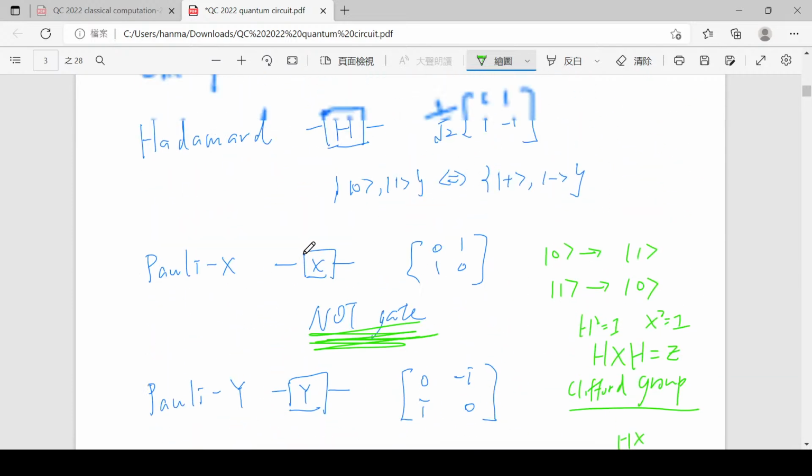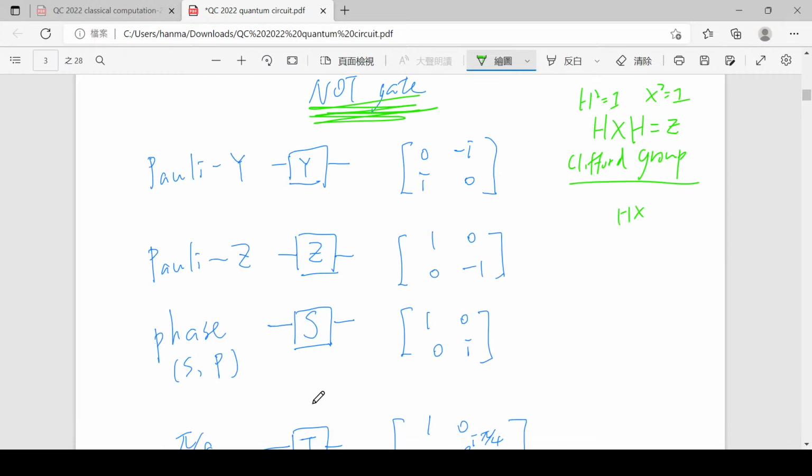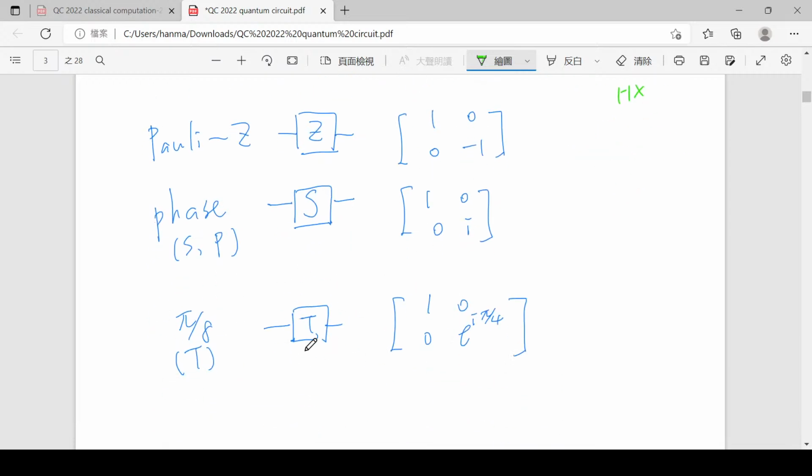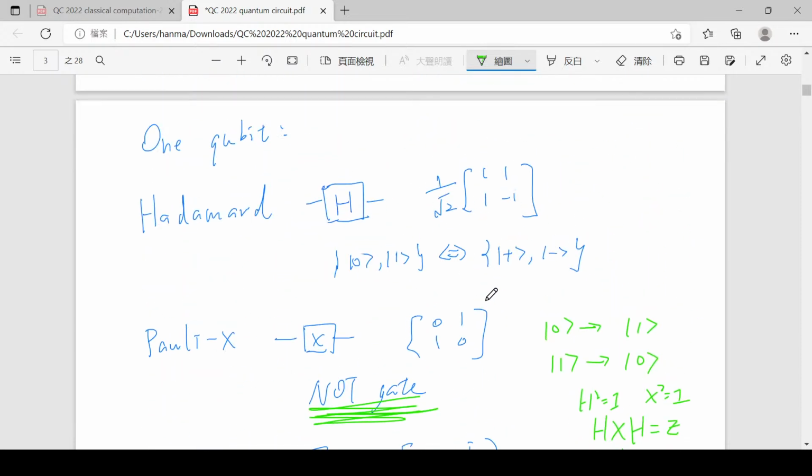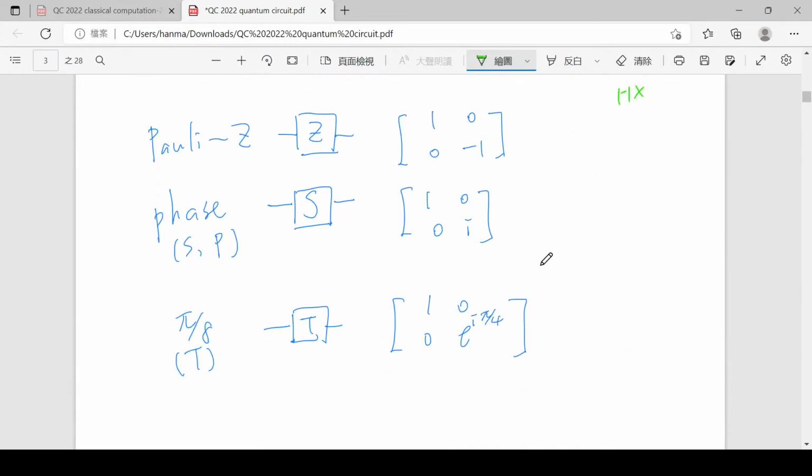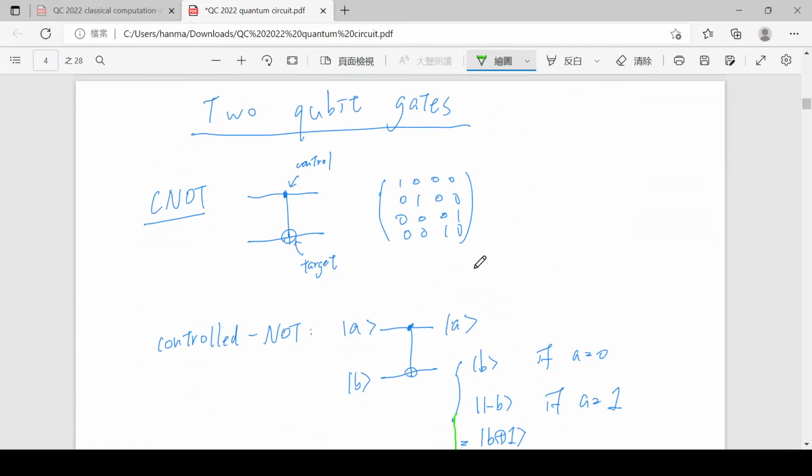But what we do is we pick Hadamard and T, and T is weird enough such that if you place your Hadamard and T in weird orders, say like Hadamard T, Hadamard T, T Hadamard, T Hadamard, something like that, these kinds of strings are actually able to approximate any single-qubit gate.